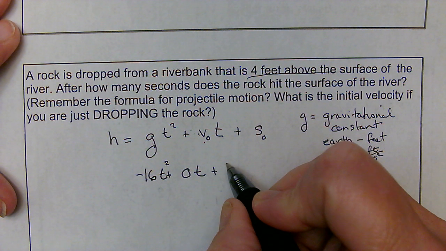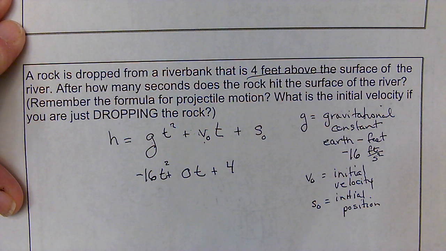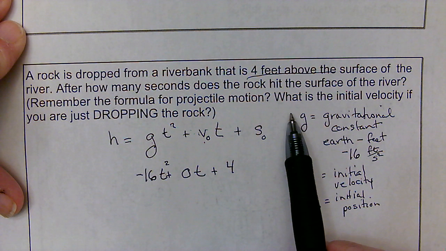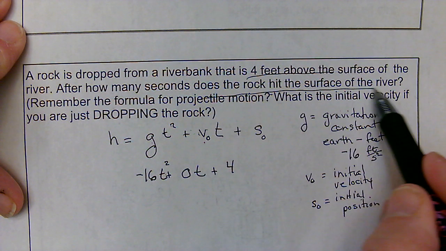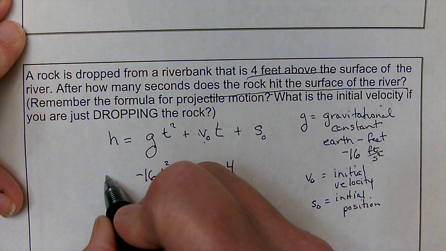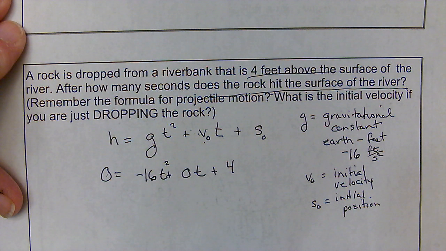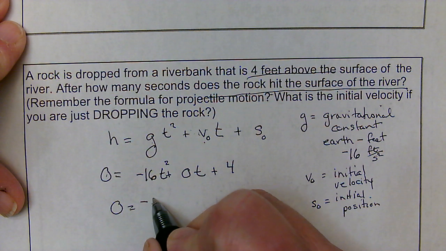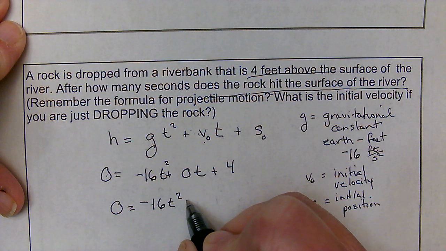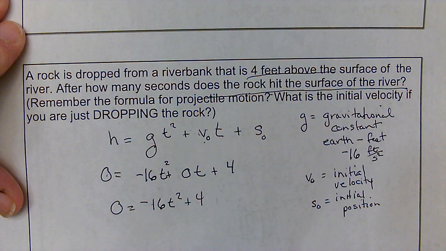So its initial position was 4. And we want to know, when does it hit the water? Well, when it hits the water, its height would be 0. So the equation that we need to solve here is 0 equals negative 16t squared plus 4.